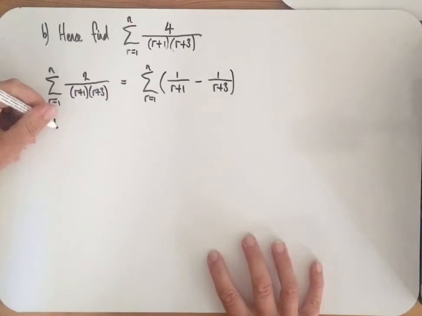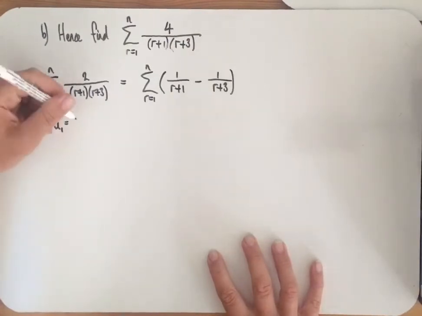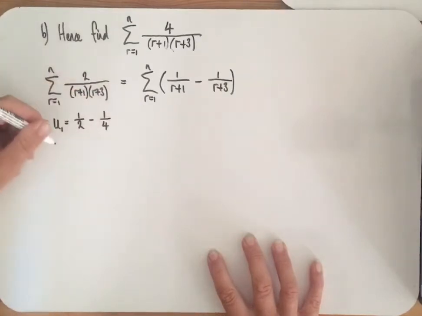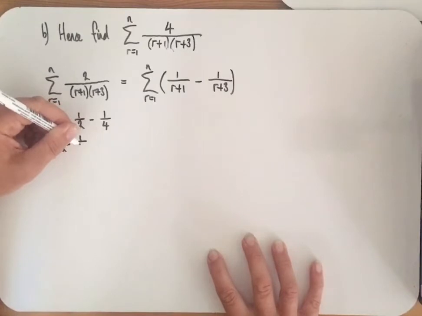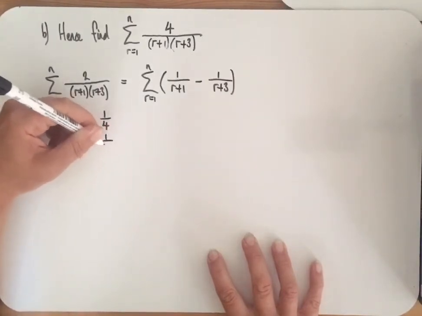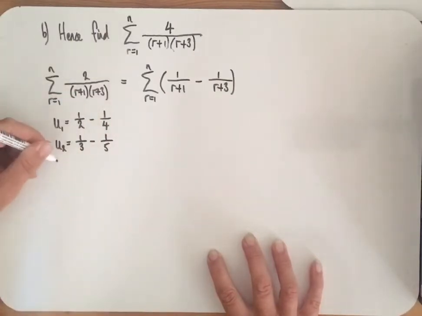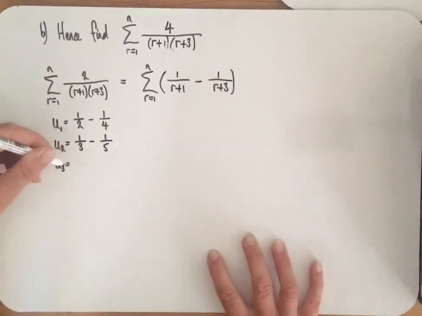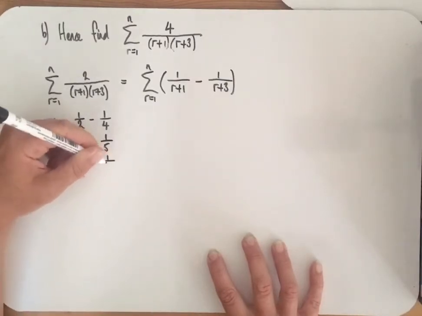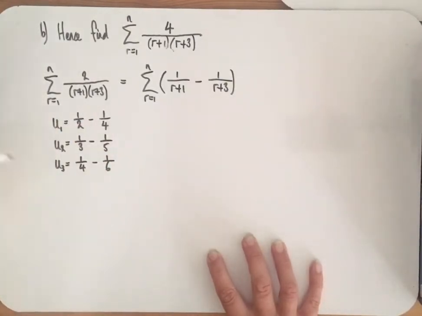So the first term is equal to a half minus a quarter. The second term is equal to a third minus a fifth. Third term is going to be a quarter minus a sixth.